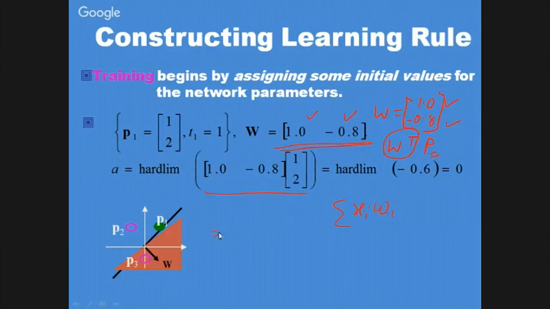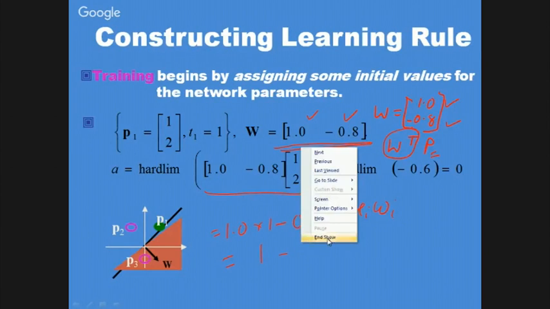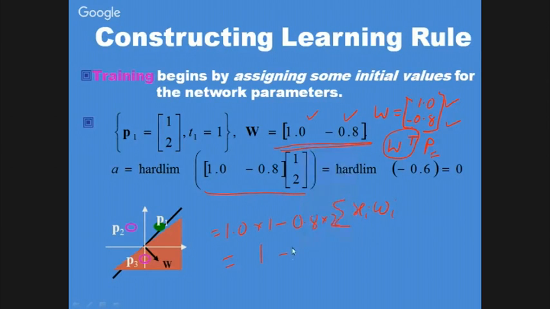What we will get? 1.0 into 1, minus 0.8 into 2. You should also do this yourself: 1 minus 0.8 into 2, that is 1.6, so it is equal to minus 0.6. So we are getting minus 0.6, right? Now if it is less than 0, then the output will be 0.